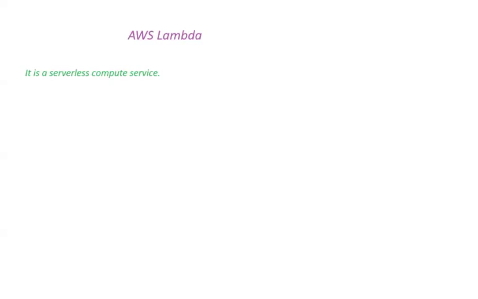To understand the serverless architecture, let's see the server-based computing service. What is the service in AWS where it provides you virtual servers? What do we call the servers created by using EC2 service?